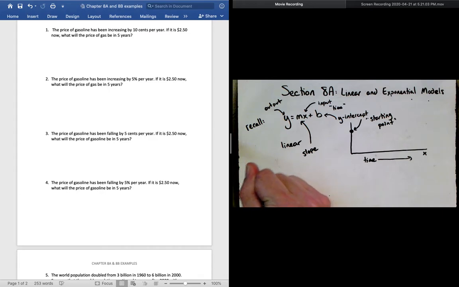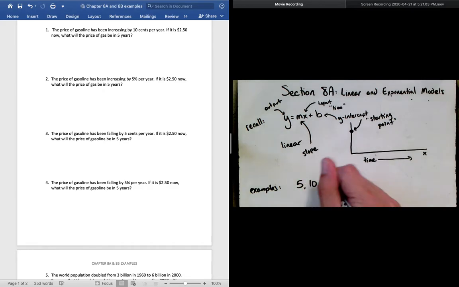Examples of linear growth can be found all over. But suppose I have something that starts as a sequence, maybe 5, and then 10, and then 15, 20, 25, and so on. We can see that our rate of change is constant.